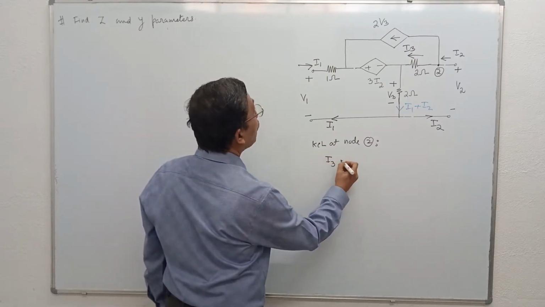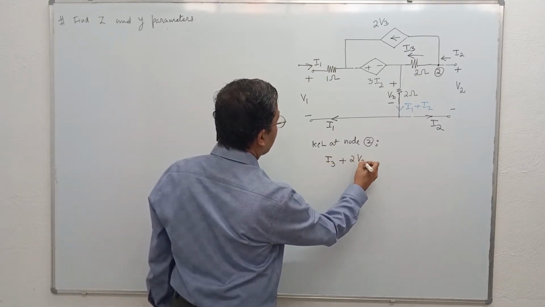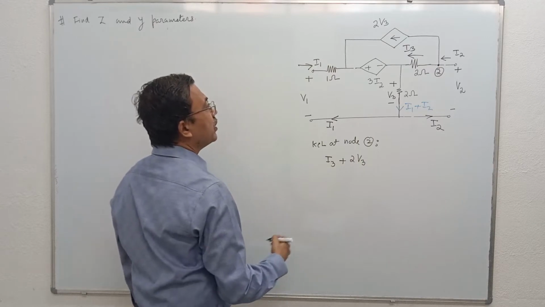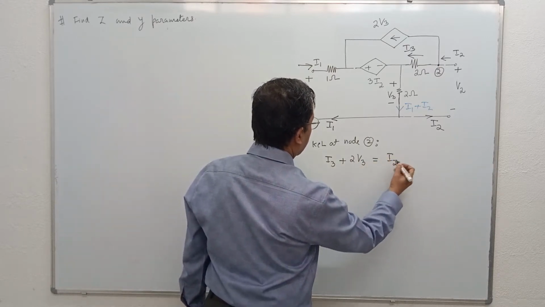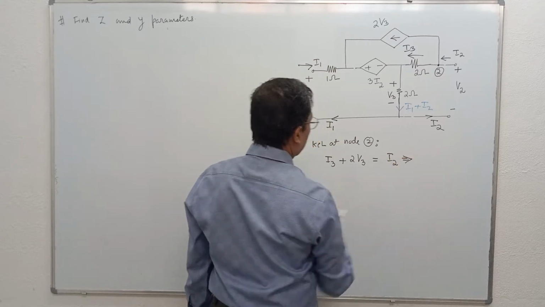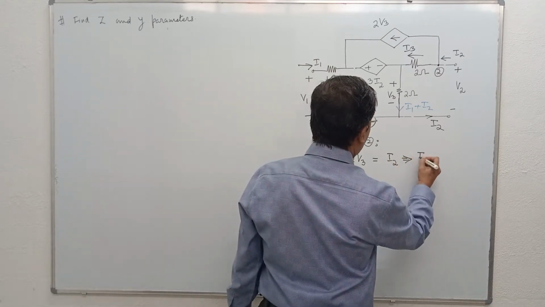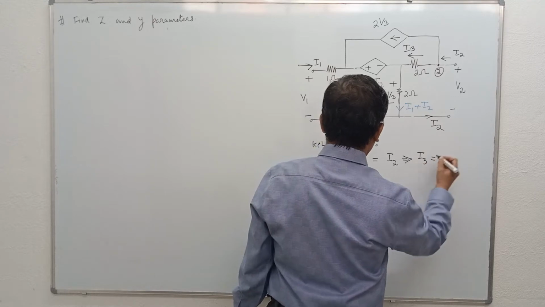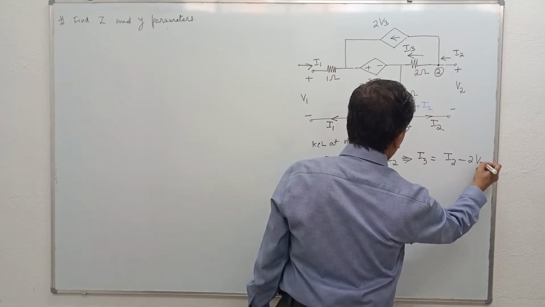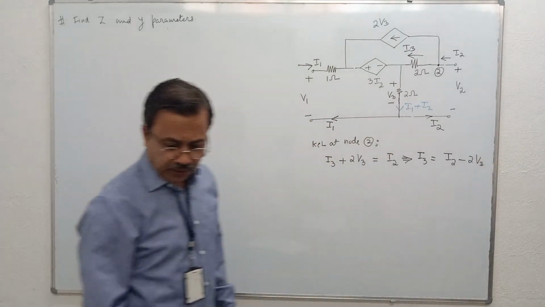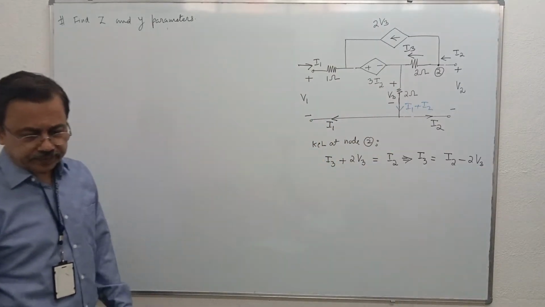I3 and 2V3. We will add them. I3 plus 2V3 is equal to the current entering, which is I2. This implies I3 is equal to I2 minus 2 times V3.